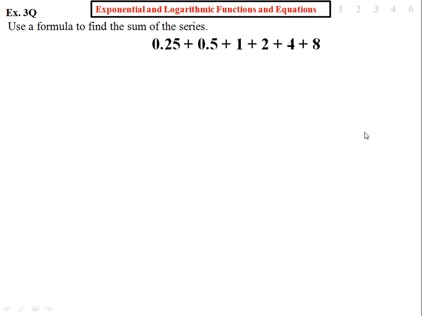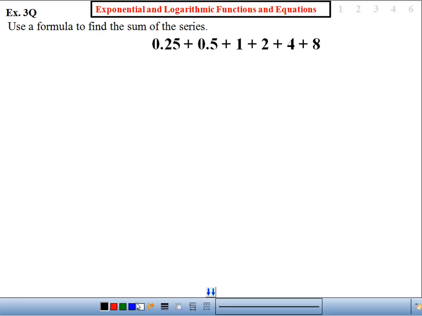Example 3Q. Use the formula to find the sum of the series 0.25 plus 0.5 plus 1 plus 2 plus 4 plus 8. Copy that, and I'll give you some time, or pause the video right now. All right, so now that we're there, what is the first thing we needed?